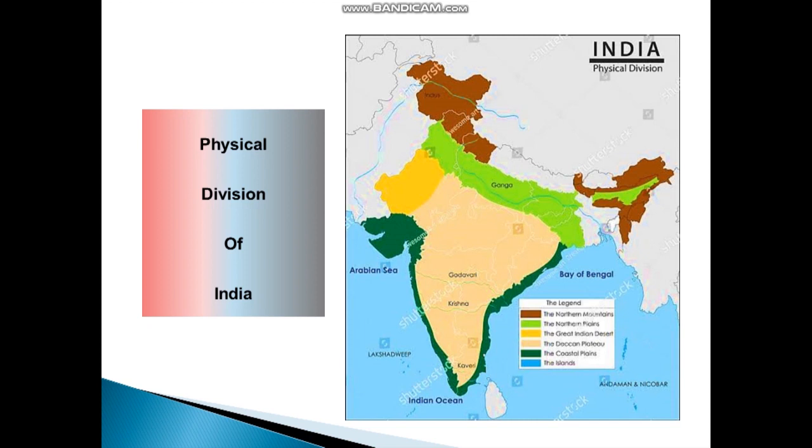The area in green is the northern plains. The area in yellow is the Great Indian Desert. The area in light pink is the Deccan Plateau. And the coastal plains are in green. Andaman and Nicobar Islands and Lakshadweep are in blue.